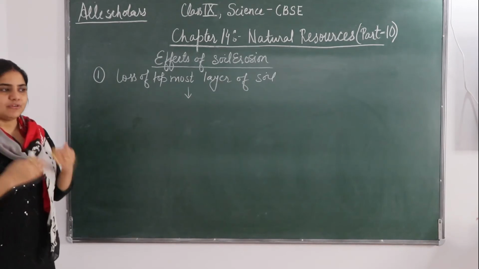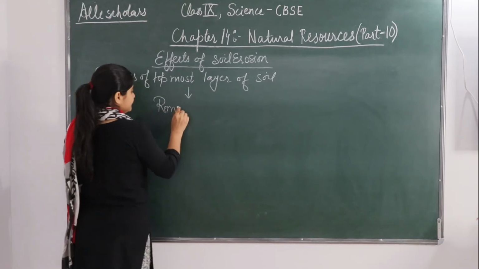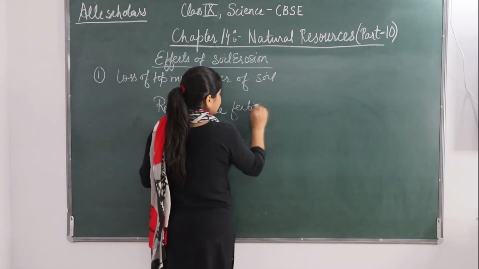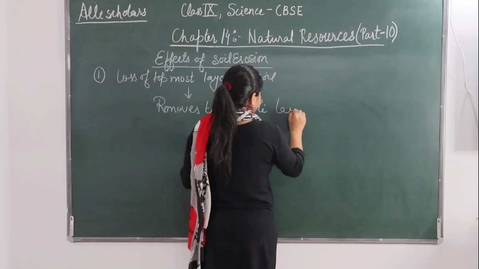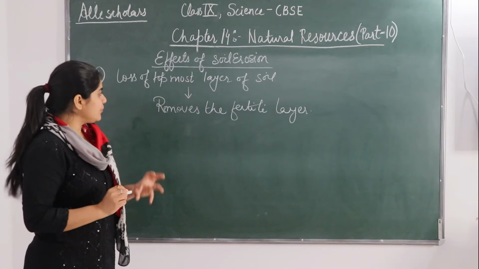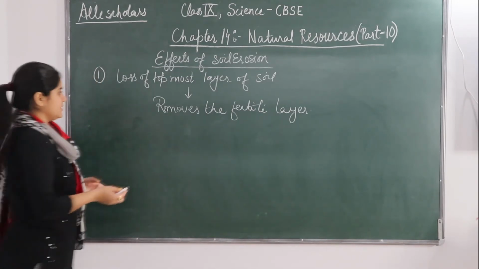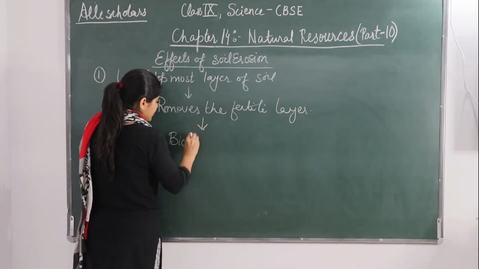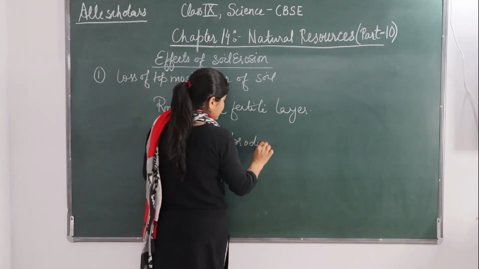It removes the fertile layer. Okay, so now the fertile layer is being removed. So what is going to happen? The biological productivity is lost. It is going to make the biological productivity lost, or you can say reduced.